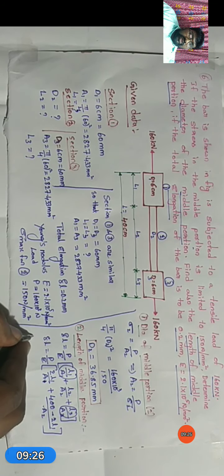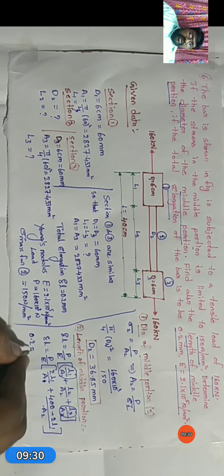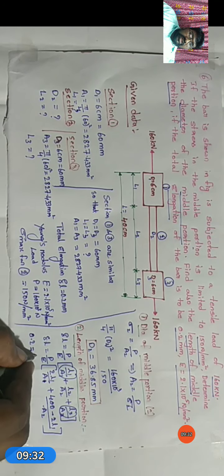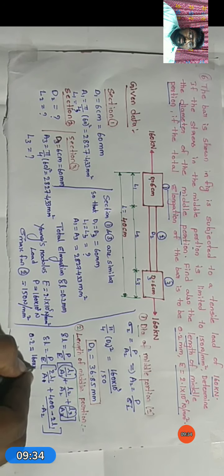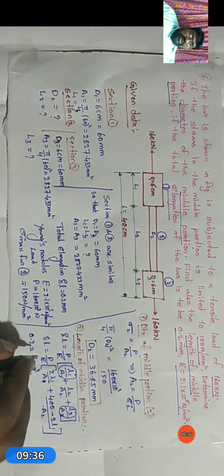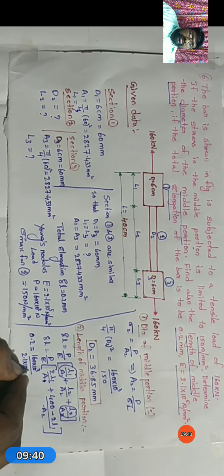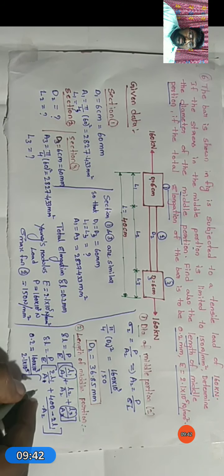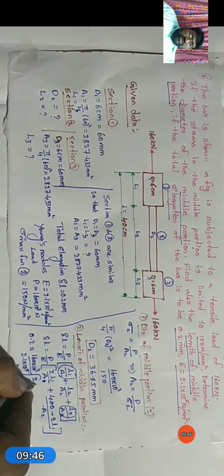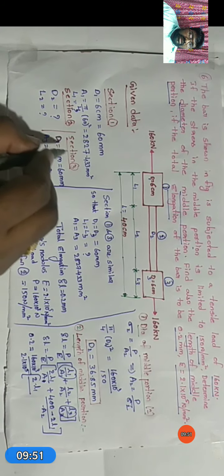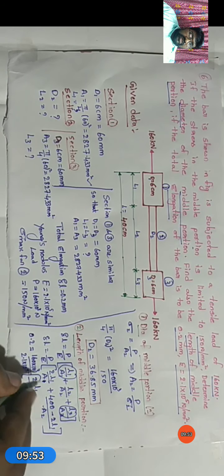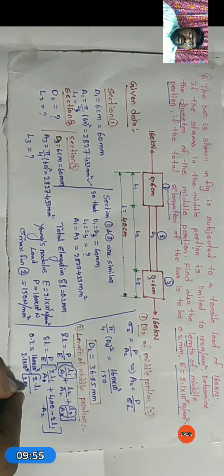Here we know that delta L is 0.2 and load is 160 into 10 cube and Young's modulus is 2.1 into 10 power 5. Next, 2 into L1 by the area of the first section, which is 2827.433.